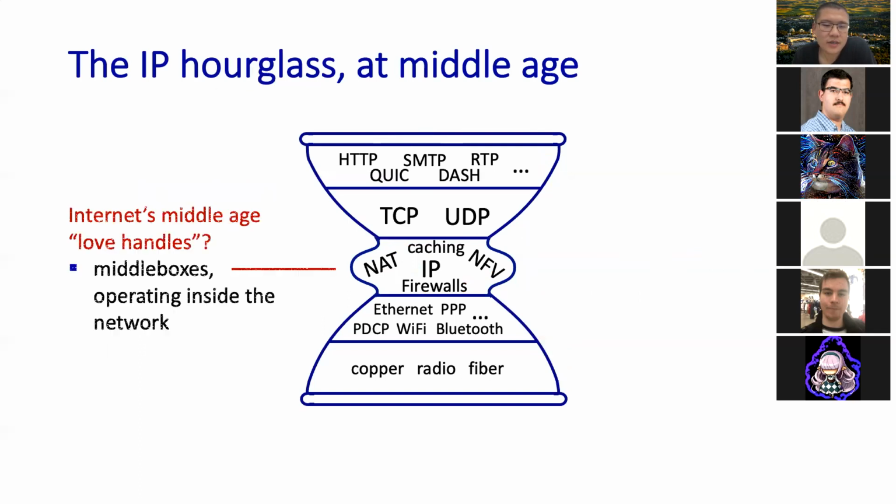And after you have these software defined functions, they can help you to expand the IP functionalities, so middle boxes can operate inside the network. It can help you to expand this layer a little bit and give you more capability or functionality here. This is something we call middle boxes.